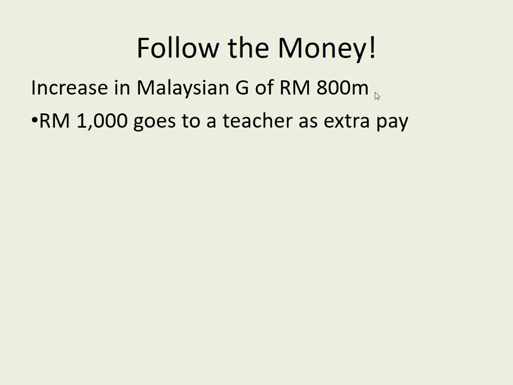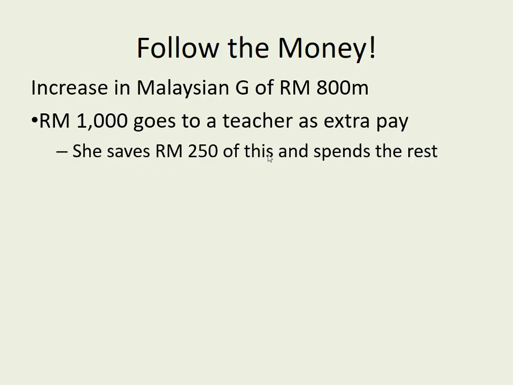And from that 800 million, say just 1,000 of that goes to a teacher as extra pay. So straight away, economic output has been boosted by 1,000 because she's doing an extra 1,000 ringgits' worth of teaching services. But that's not the end of it, because from those 1,000, she puts 250 under a mattress or in the bank. The rest, 750, she spends.